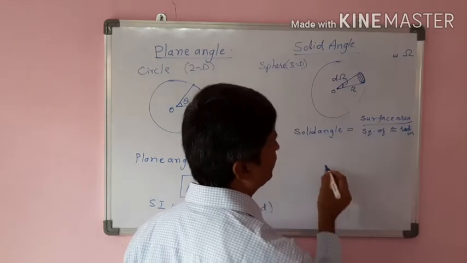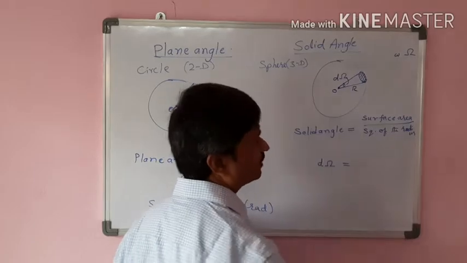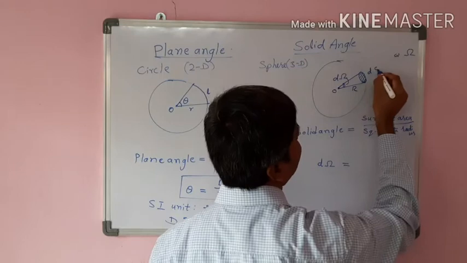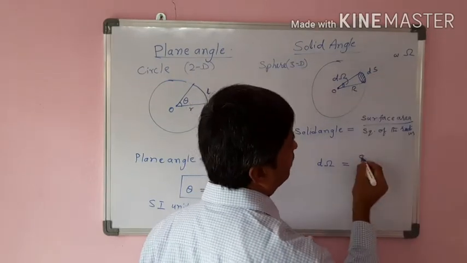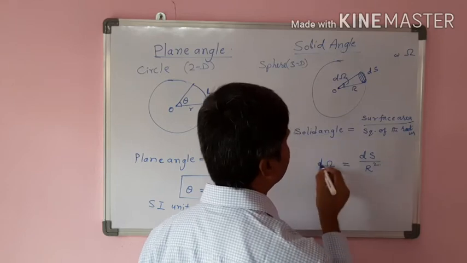This is how it is defined. So let us say here solid angle d omega is equal to surface area, let us say dS here, dS divided by the square of the radius.